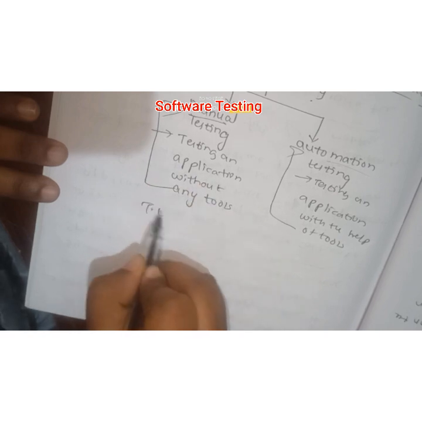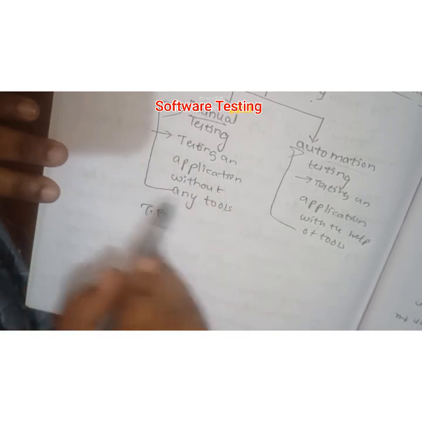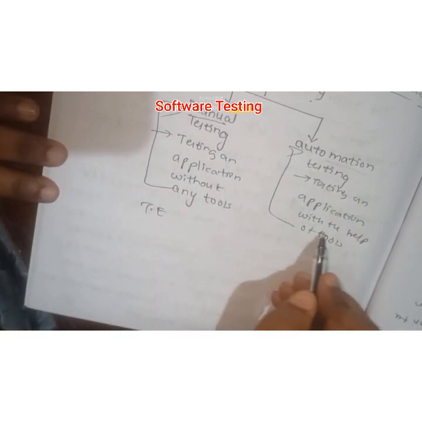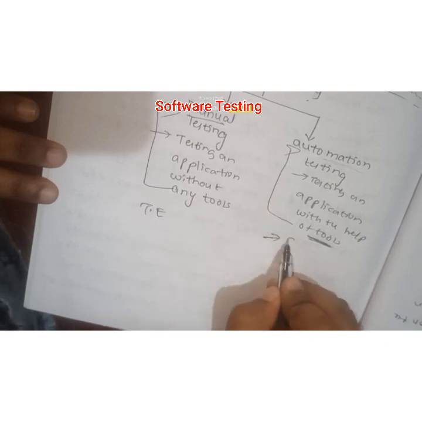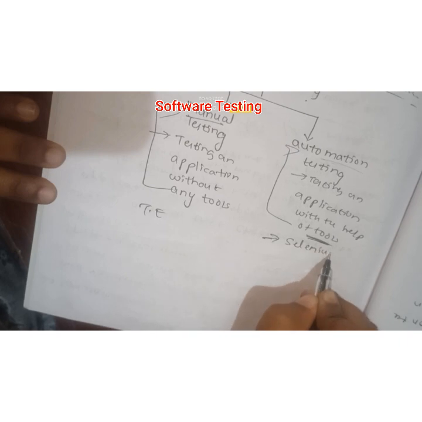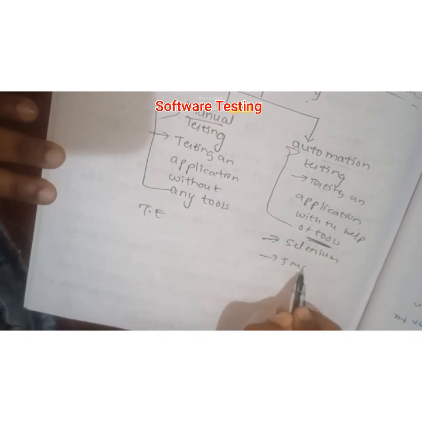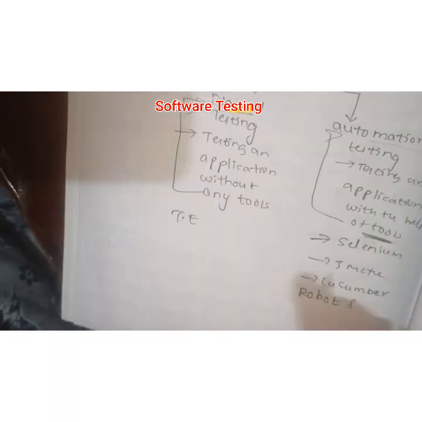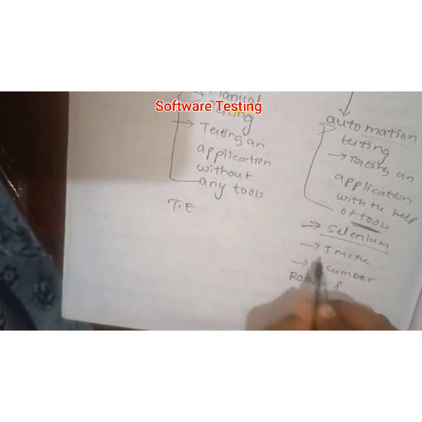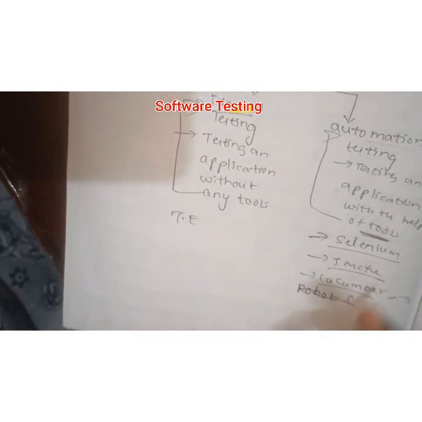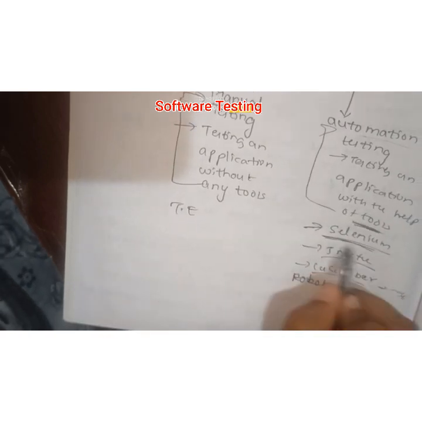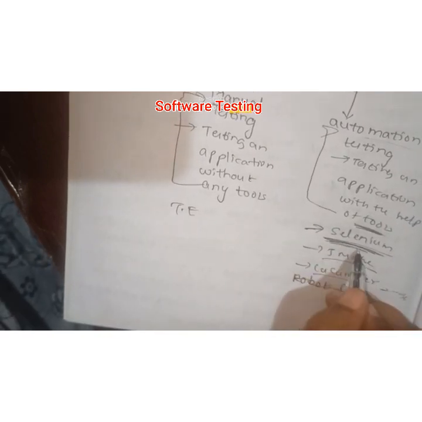So in manual testing, the test engineers will test the application manually, but in automation we'll use tools. We have many tools like Selenium, JMeter, Cucumber, and many others, but Selenium is the most popular tool which we'll use.